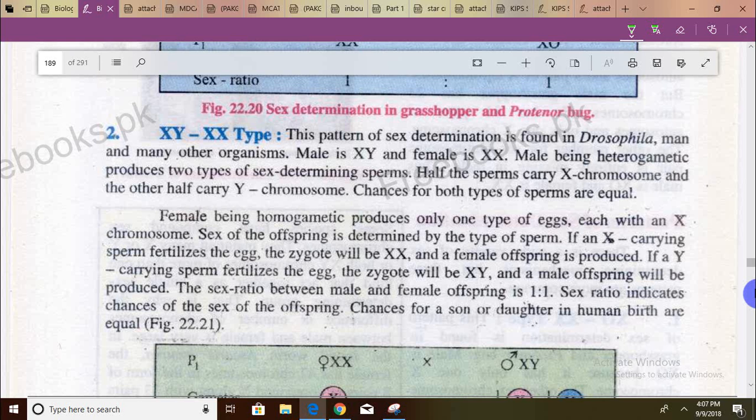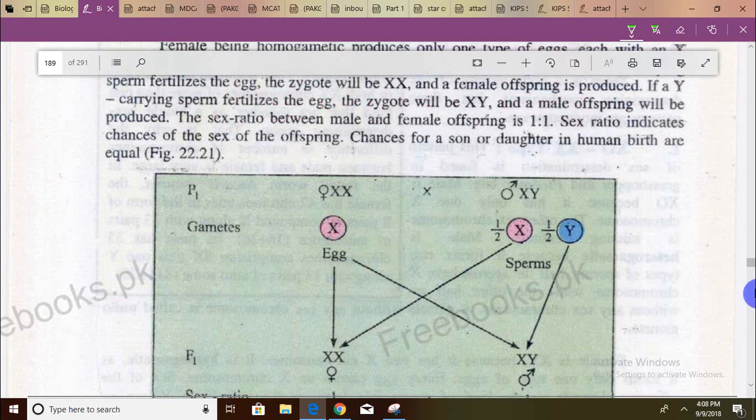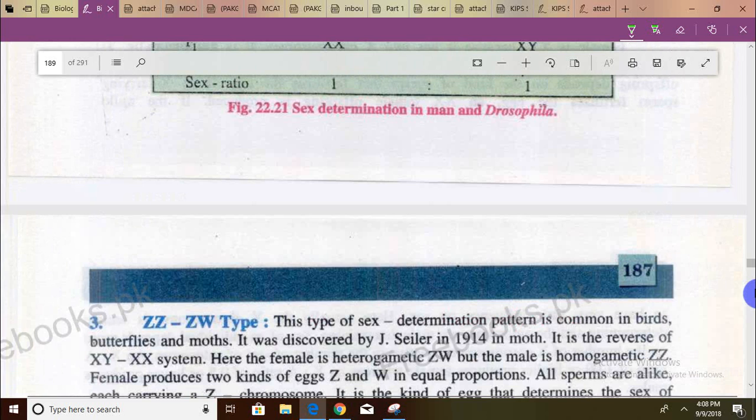The males are again heterogametic, and they produce two types of sex-determining gametes. Half the sperm carry the X and the other half carry the Y, and chances for both types are equal. Females are homogametic, produce only one type of egg each with an X, and the sex of the offspring is again determined by the type of the sperm, same as the previous pattern. Sex ratio is 1:1 and is indicative of the chances of the sex of the offspring, because the chances are equal in man, and by man I mean humankind.